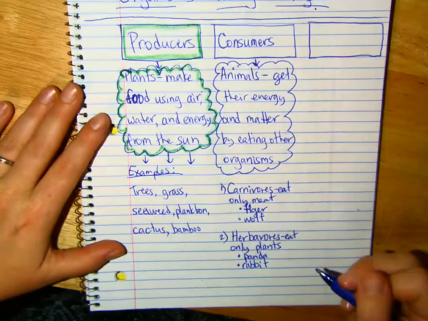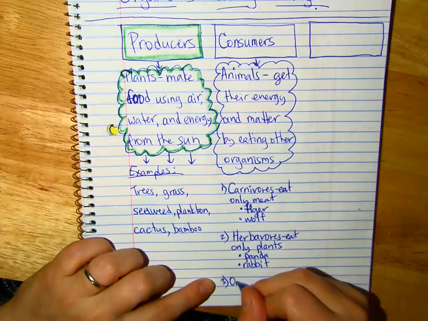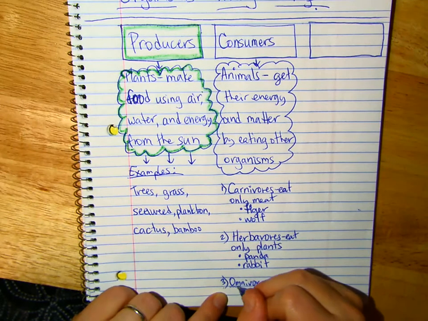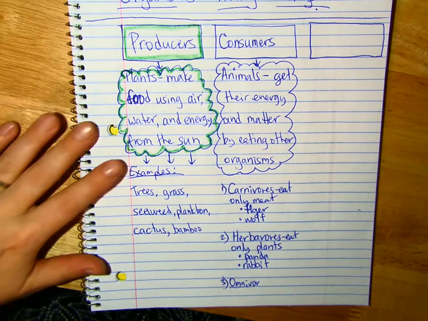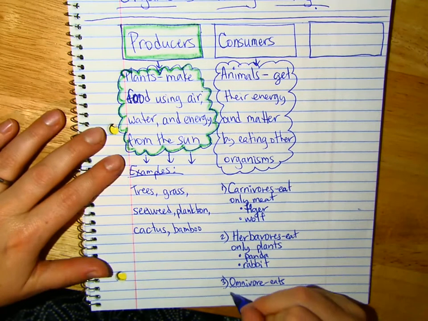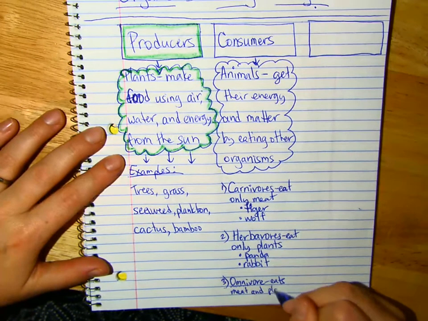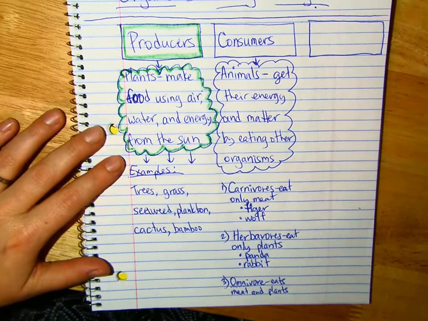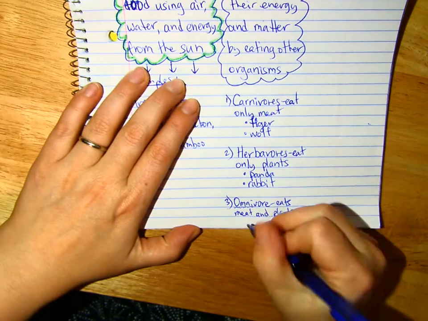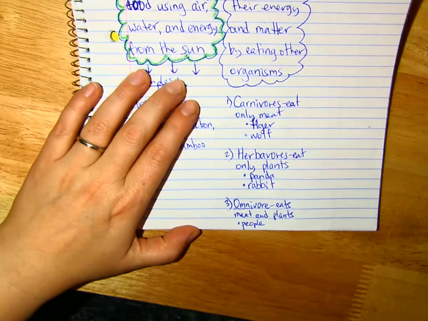And then the last group of consumers is an omnivore. Omni, this root in here, means both. So an omnivore eats meat and plants. And a great example of an omnivore is us, people. Most people are omnivores.